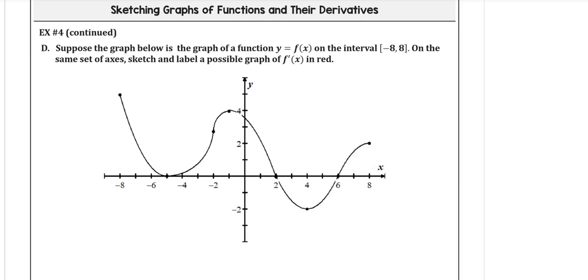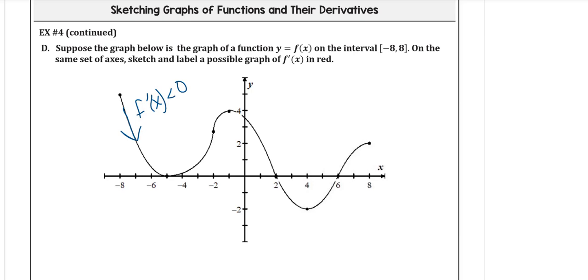So now we're going to go the other way. Here's some things that we want to notice about our graph. First is that this part of the graph here, f prime of x, is going to be less than 0 because we're going to have a negative slope there.